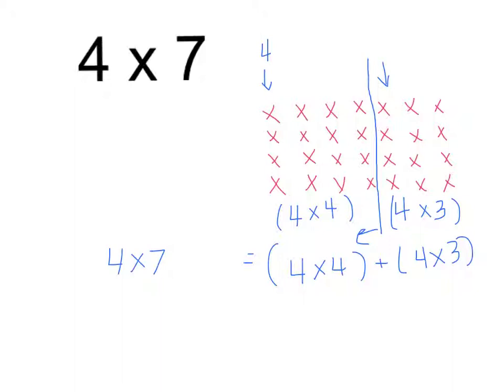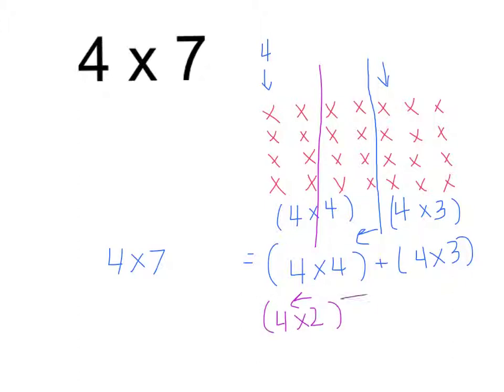Now, I can also write 4 times 7 in a different way. Let's say I wanted to break it down right here. Well, on the left side, there are 2 columns of 4, so that's 4 times 2.